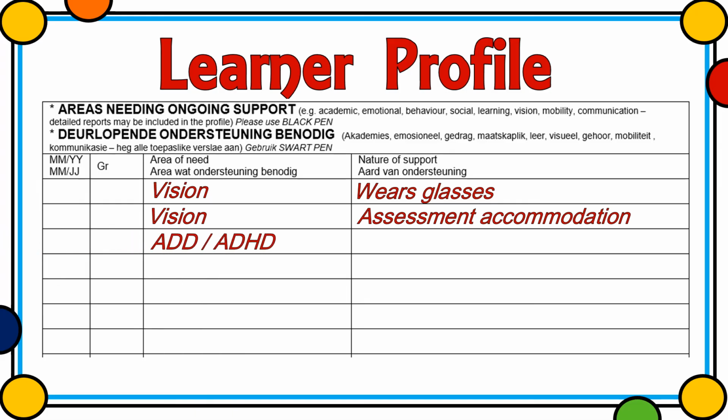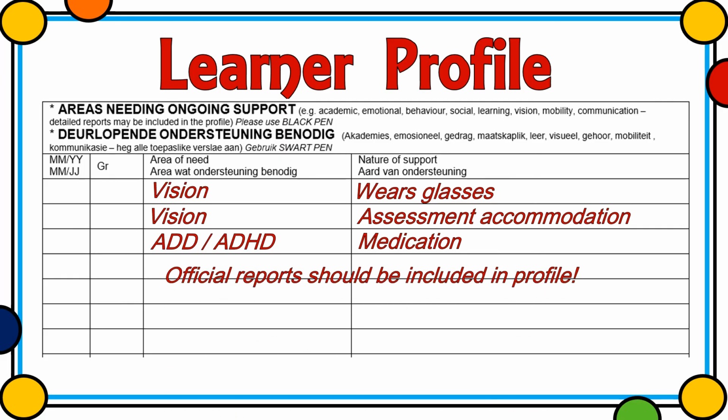If a child has ADD, attention deficit disorder, or ADHD, attention deficit and hyperactivity disorder, the child might take medication. It's important for each year's teacher to be aware of this fact.